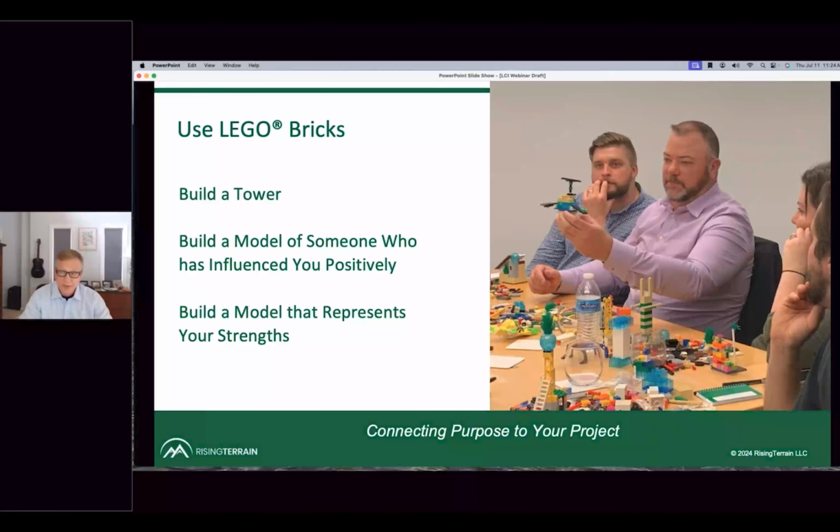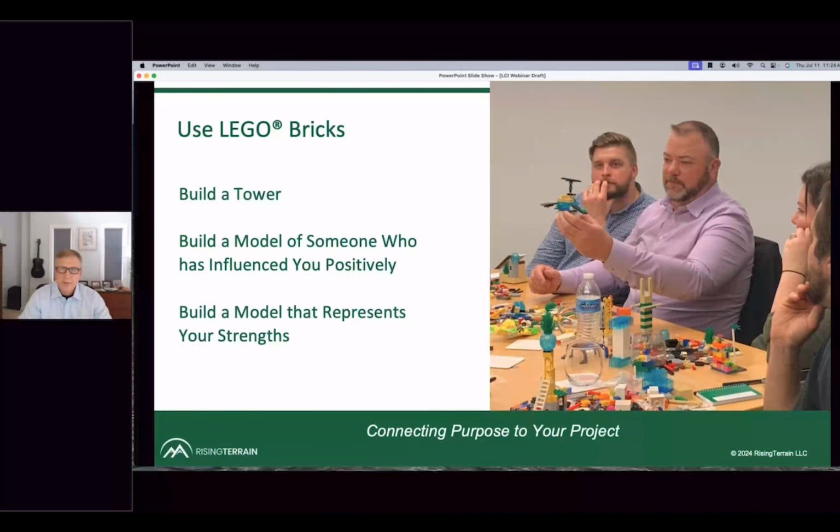You can also use Lego bricks. There is a practice called Lego Serious Play that is a lot of fun. If you have more time, it can be a good way of developing models and thinking abstractly about how these models reflect qualities that you have.